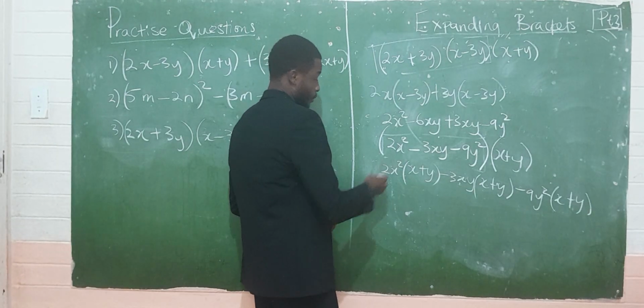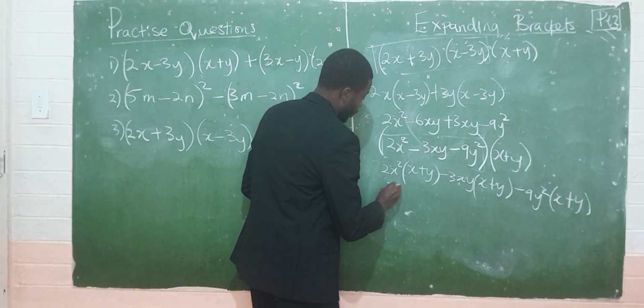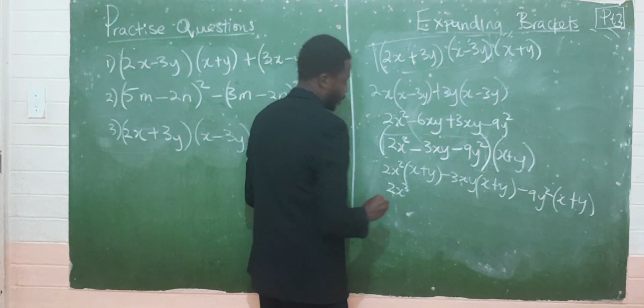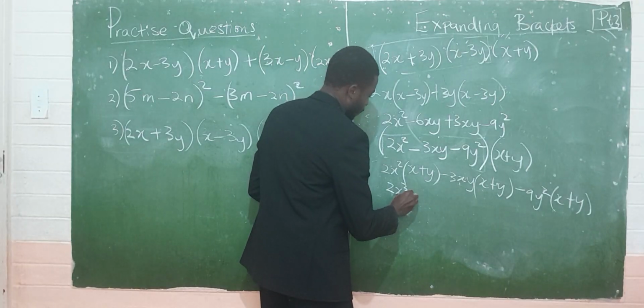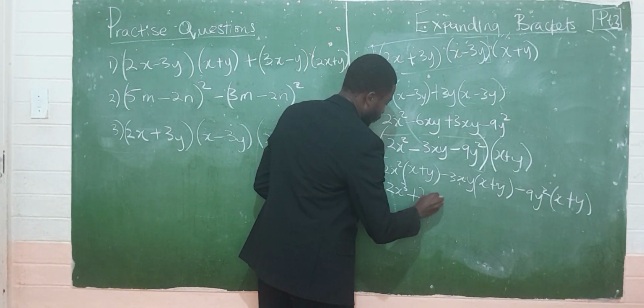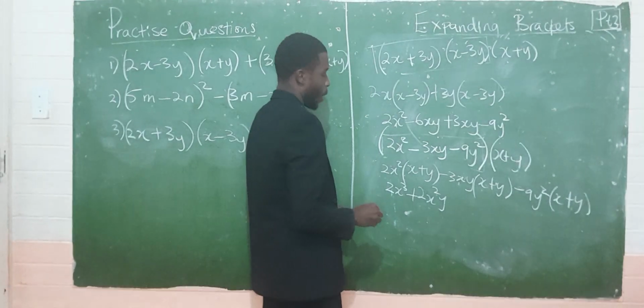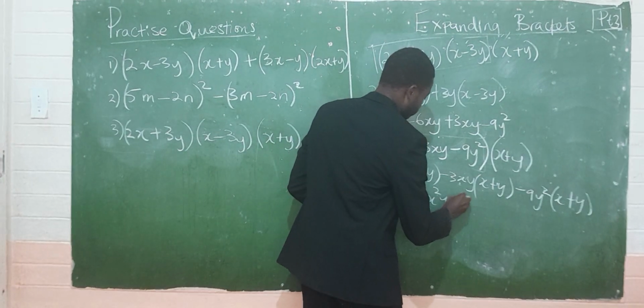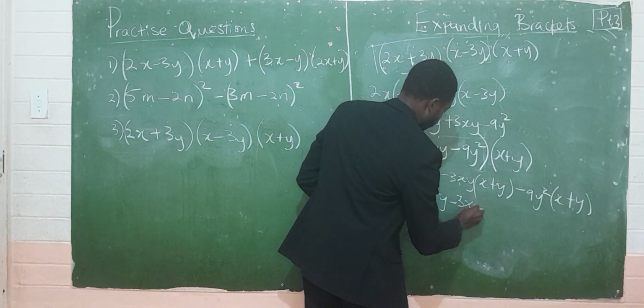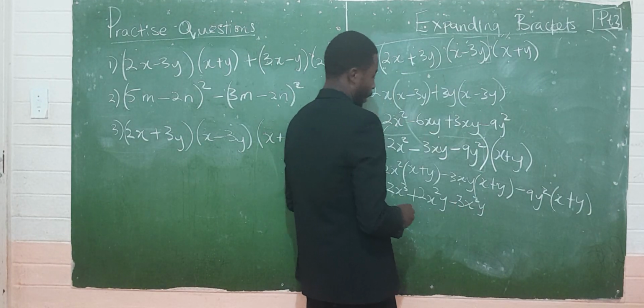2x squared times x, that's going to be 2x cubed, and 2x squared times y, that's going to be 2x squared y. Negative 3xy times x, that's negative 3x squared y.